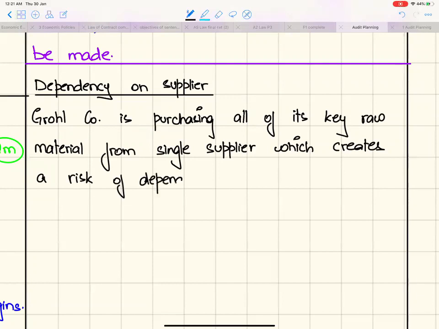Okay. So now, the first part of the risk is identification of the risk.